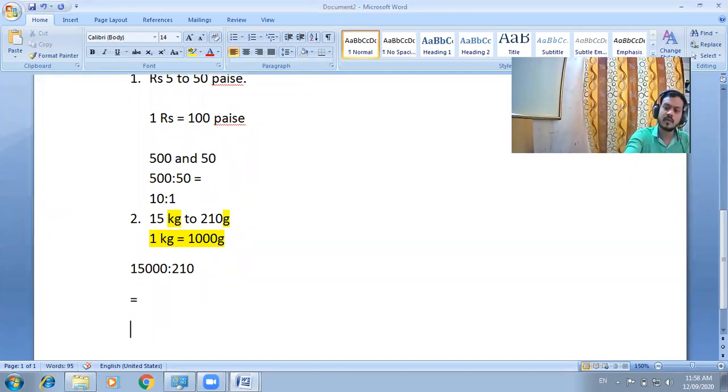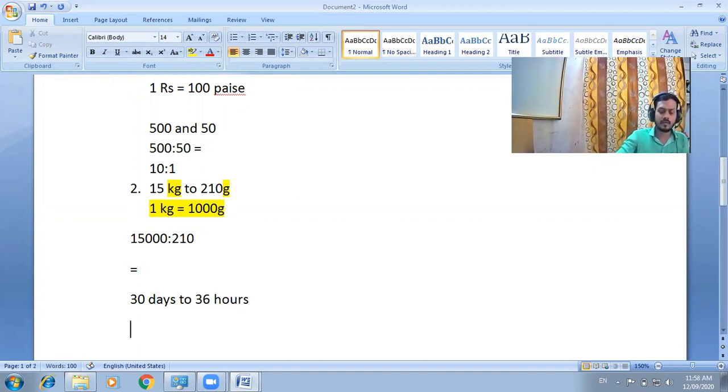Next one is D: 30 days to 36 hours. Again, firstly convert into the same unit. We compare the same kinds of quantities, but here we have days and hours.